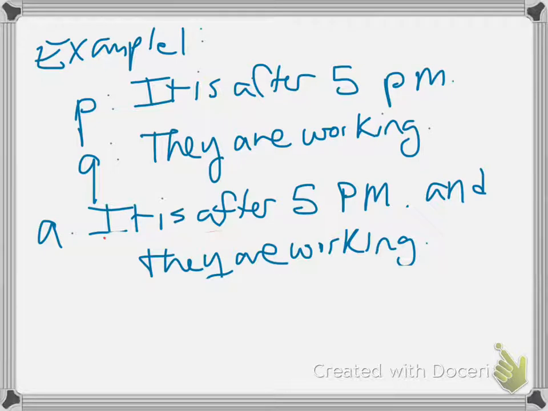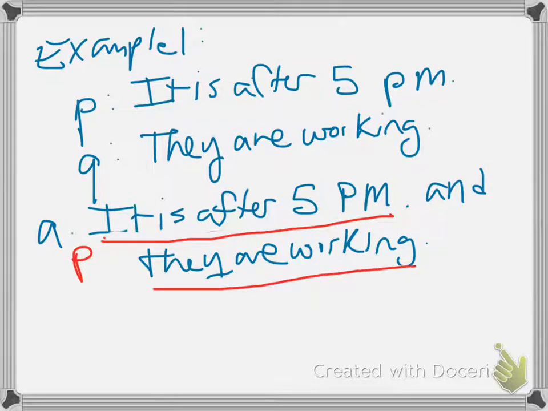It is after 5 p.m. is statement P. They are working is statement Q. And the and, we know, is that upward pointing caret. So our symbolic form is P and Q. Just like that. Very simple.